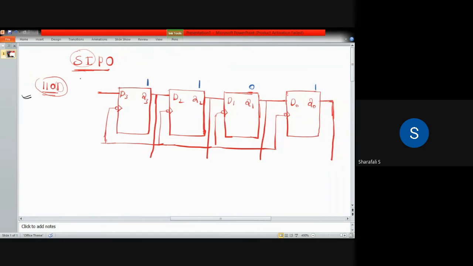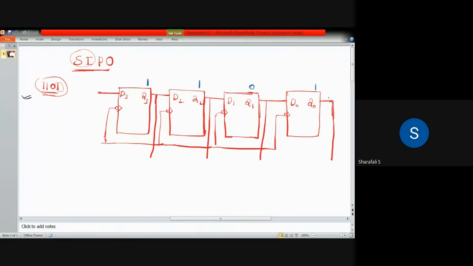And in the case of serial input, serial output, we have to apply more clock pulses to this particular register in order to get the output through this Q0, because we are considering serial output.